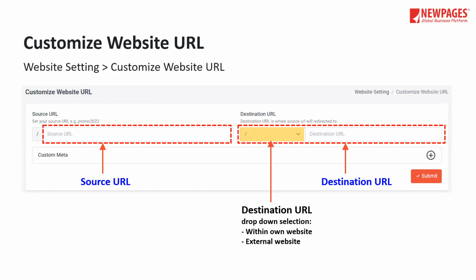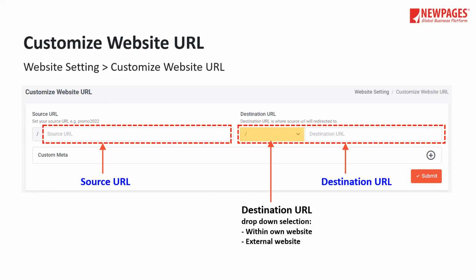Beside the destination URL, there's a drop-down selection where you can choose either within your own website or external website. Meaning, if the page that you want to change the URL for comes from your website, then you choose within own website.